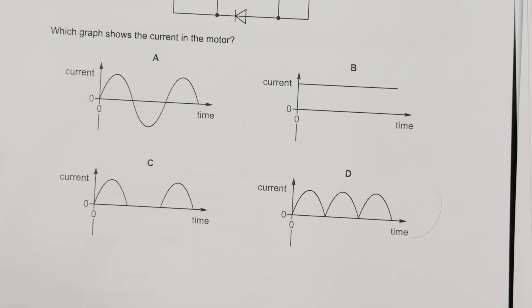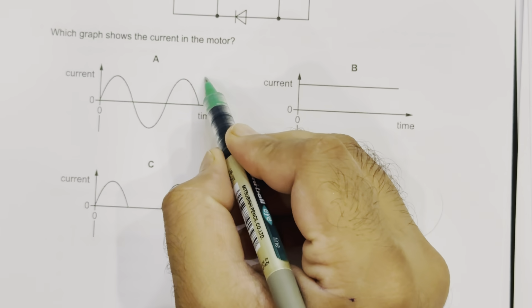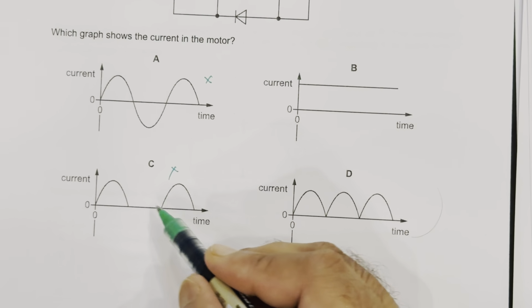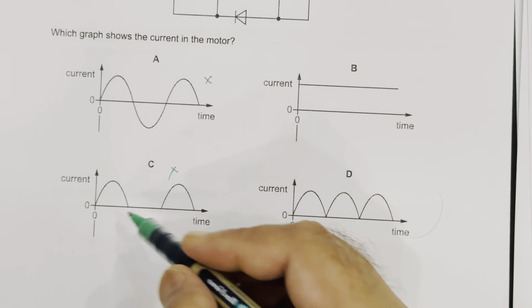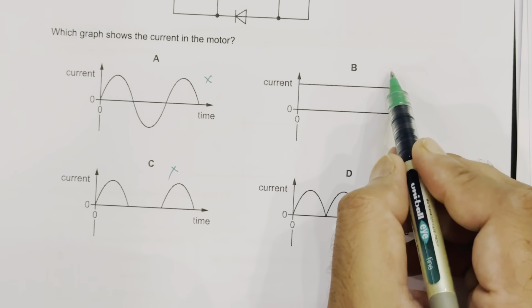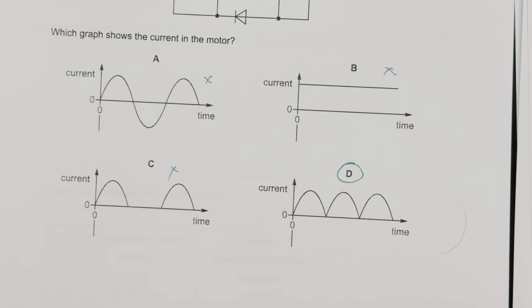Okay, so it is a DC motor. We know that for the DC motor the current is not changing here, so this would not be possible. Because the supply was AC, the current should be continuous, the current is constant. This is also the wrong option. The only correct option left is the D option.